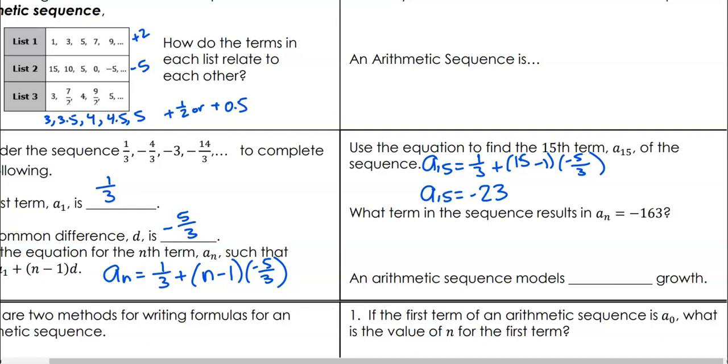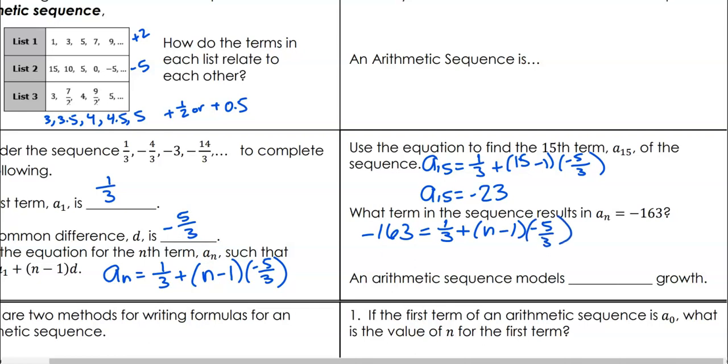All right. We can also use this equation to go backwards. What term is going to result in the value of -163? So you don't know what term it is. Whatever term, we don't know n, is going to equal the first term plus n minus 1 times -5/3.